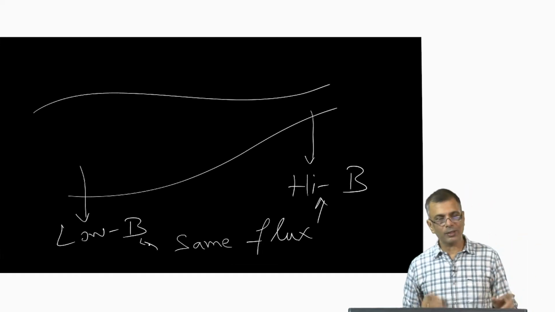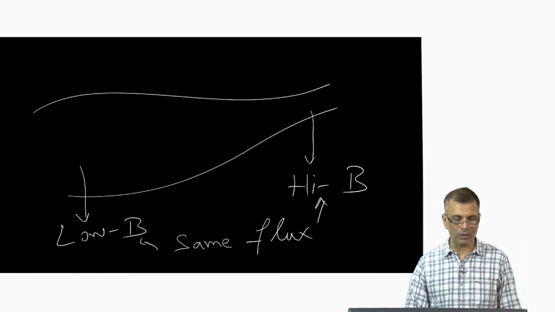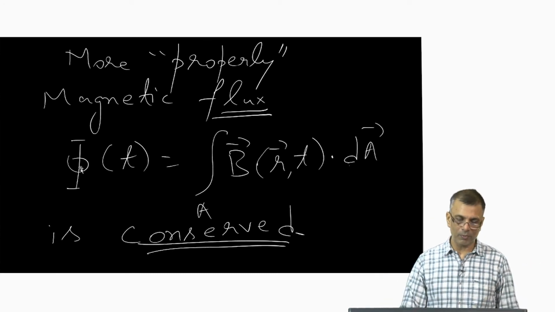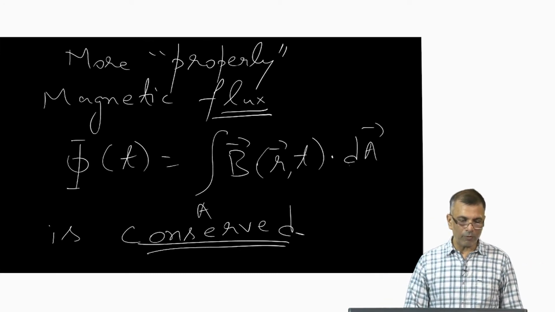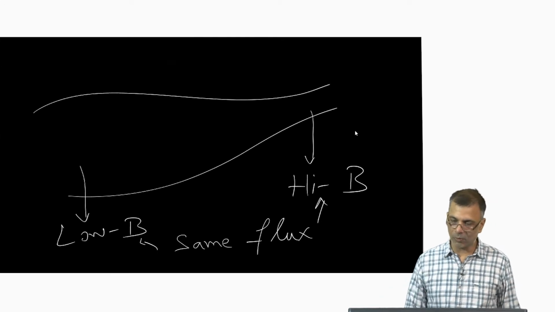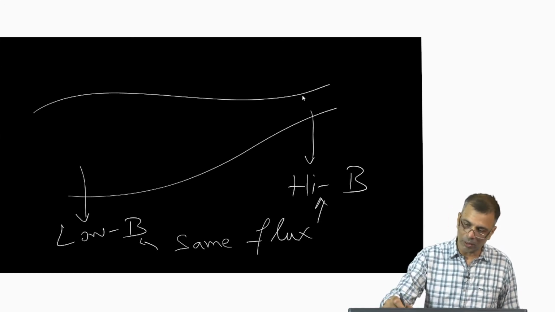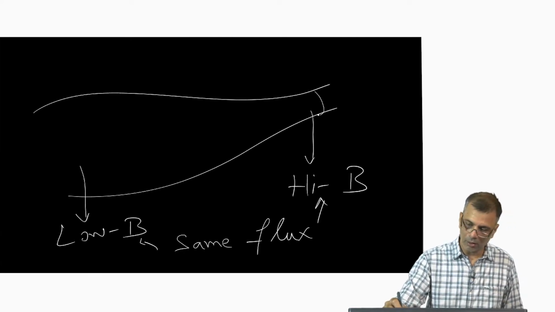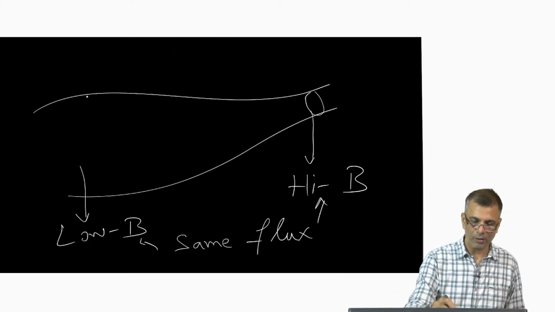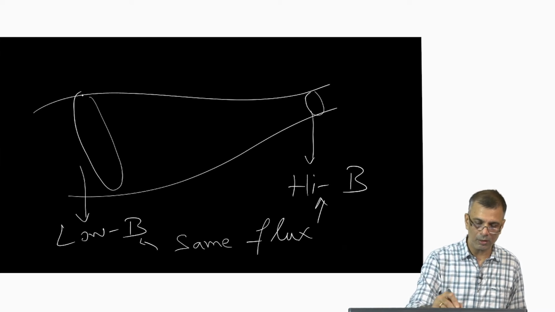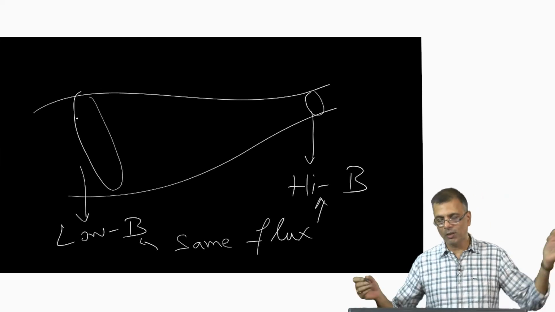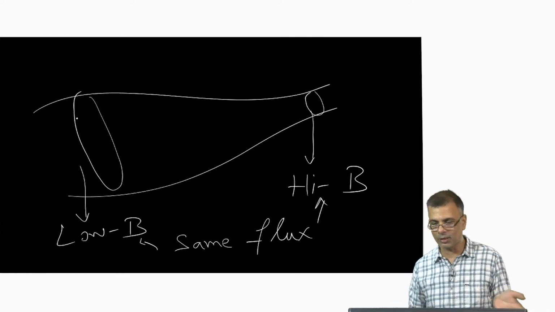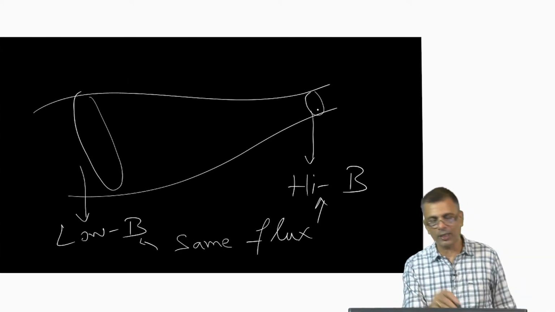The flux is the same, that is what this statement is saying. However, the cross sectional area is larger here than there. So there is only one way the flux can be the same here and here, and that is if the magnetic field is higher than it is here.